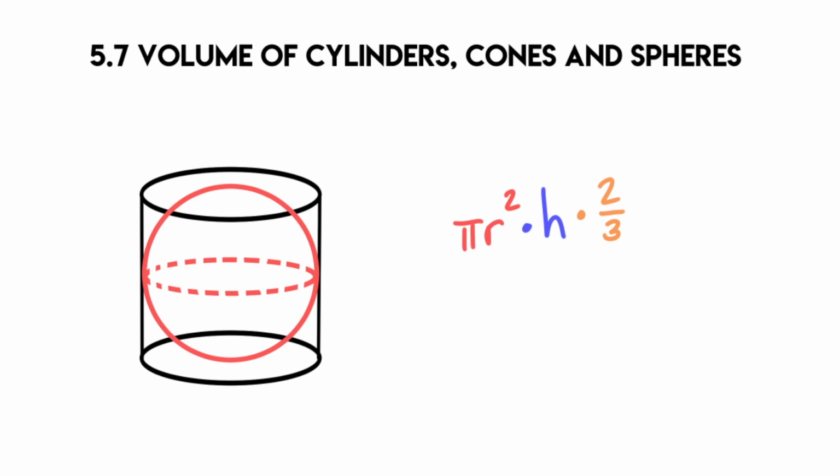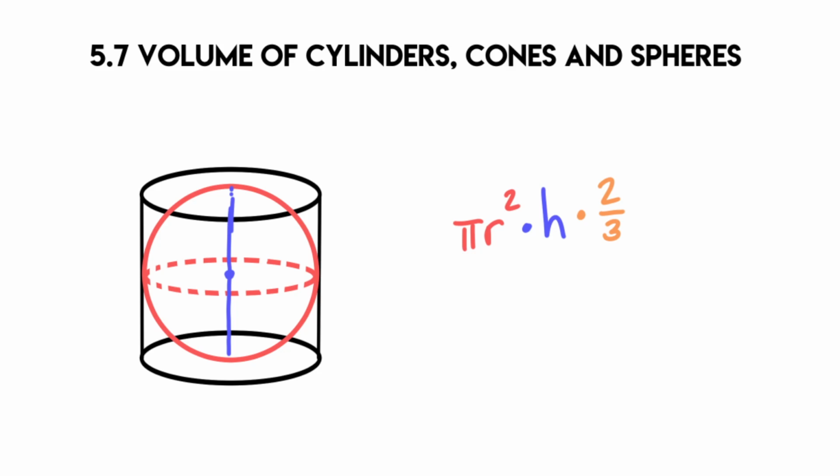Now, something that I want to mention here is about the height. Height is not as clear as it would be with, say, a cone or a cylinder, because it's a ball. How do you measure the height of a ball? You're going to go from the top of the ball all the way down to the bottom of the ball.